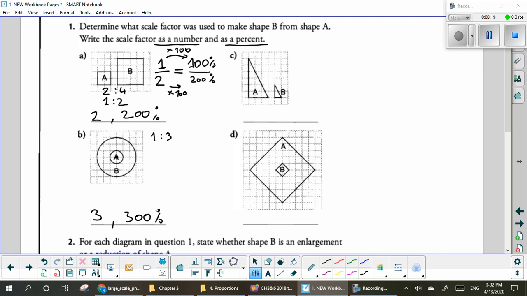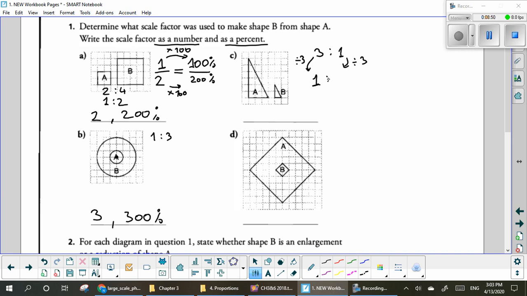All right, the other one, a triangle, we're going to see. You can see that the original is 3, and the second one, B, is just 1 square. So hopefully you can see that it gets smaller. But remember our strategy. We have to reduce the original one so that it's equal to 1. So if we divide both by 3, we're going to get our scale factor.